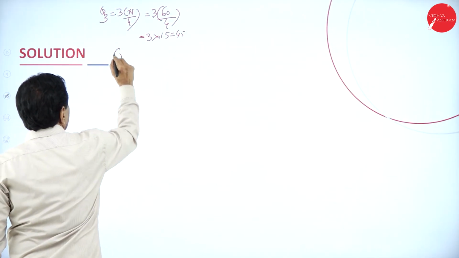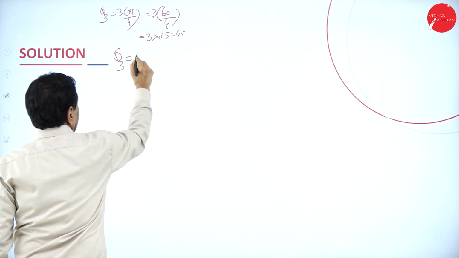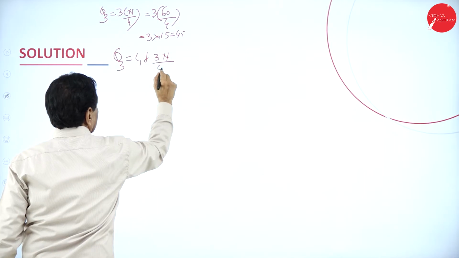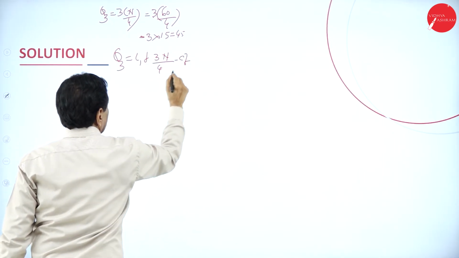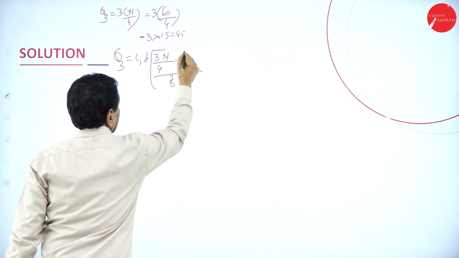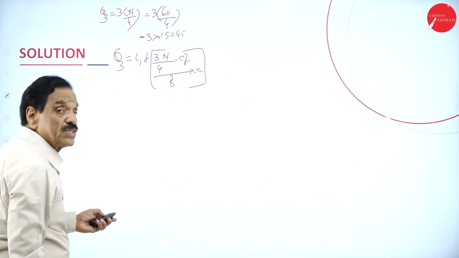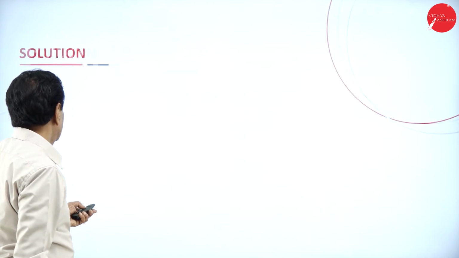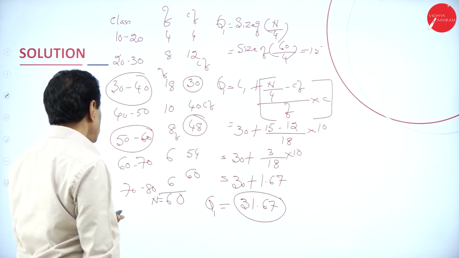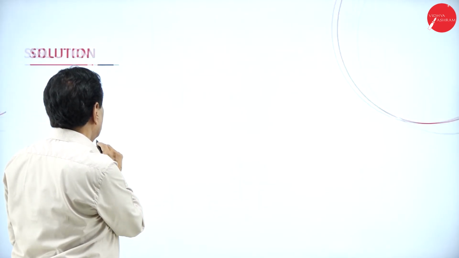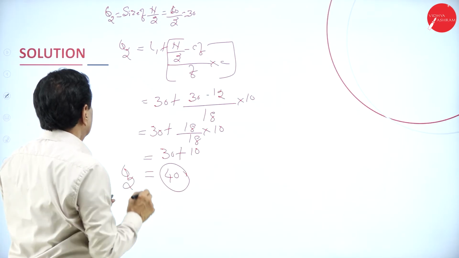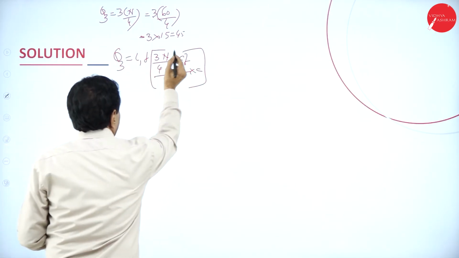Q3 is equal to L1 plus 3N by 4 minus CF over F into C. Which range have you selected here? Here, size 45 is there.